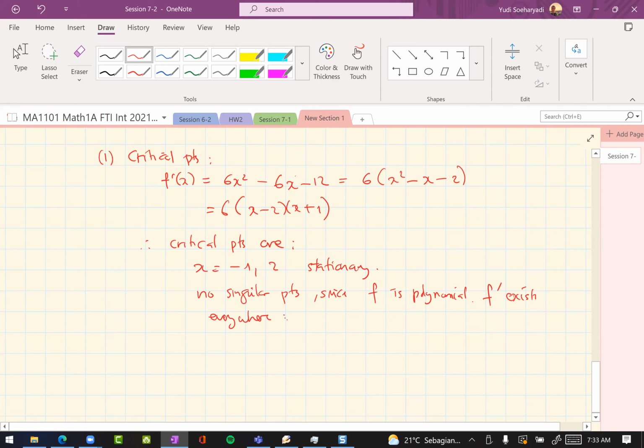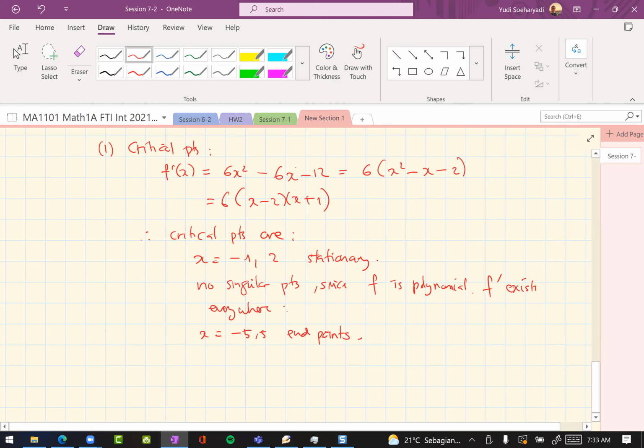But on the other hand, we have these here. Those are our endpoints.